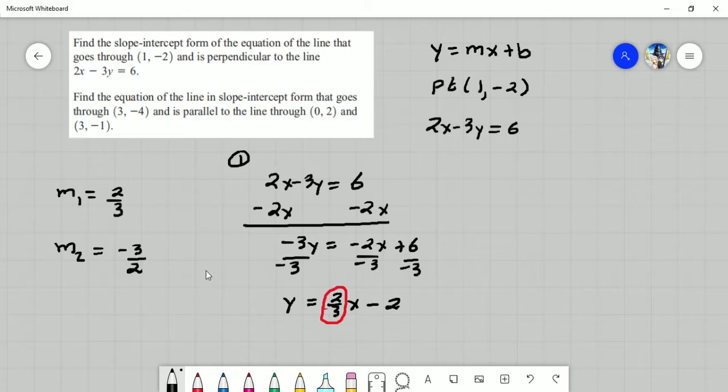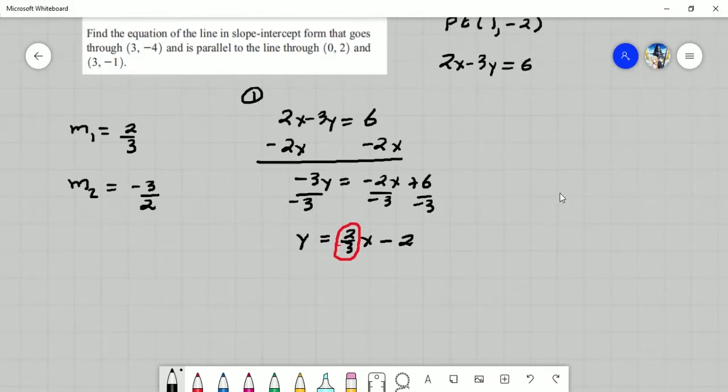Now that I have the slope of the line that I'm trying to find, and I have a point for the line to go through, we can use what's called the point-slope form in order to get the equation of our line. So that is what I'm going to do here.